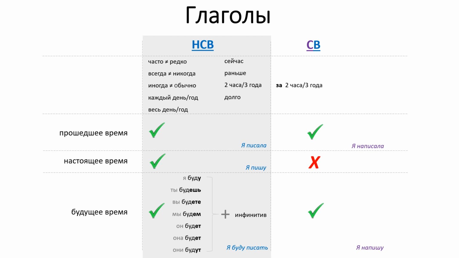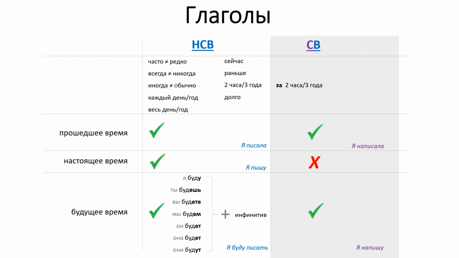Now let's take a look at the SV verbs. The SV verbs are used to talk about past or future only. Sentences with SV verbs are similar to perfect tenses in English. They're used to describe the outcome, the result of a finished action.